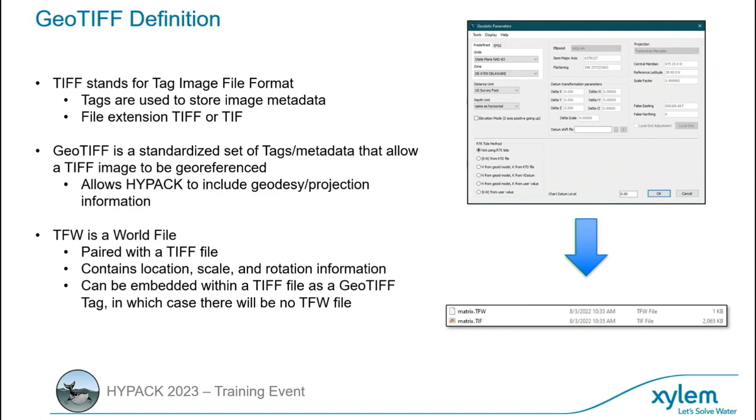You load it in, and it just says, okay, this is where it is. This is what it's supposed to be scaled at. This is what it rotates into. The TFW will always have the same file name as the TIFF. So if you don't see a TFW, there's a good chance that it's just inside of it.